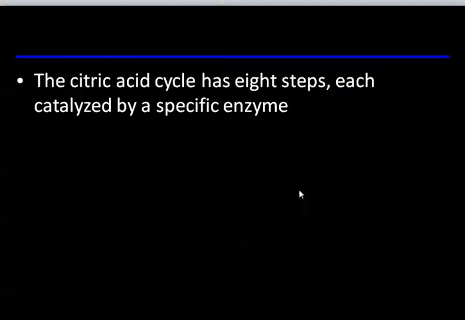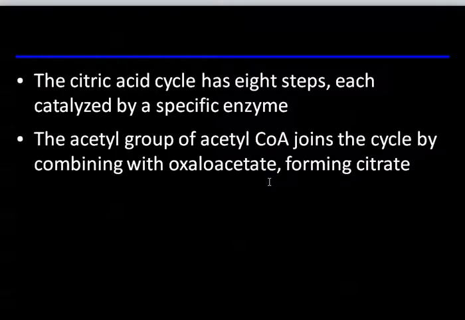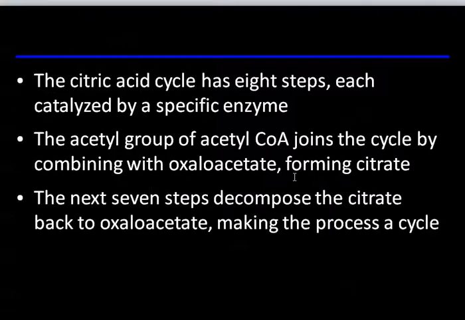Okay, it has 8 steps, each catalyzed by a specific enzyme. The acetyl group, acetyl-CoA, joins the cycle by combining with oxaloacetate, forming citrate or citric acid. The next 7 steps will decompose, meaning break down, the citrate back to oxaloacetate.